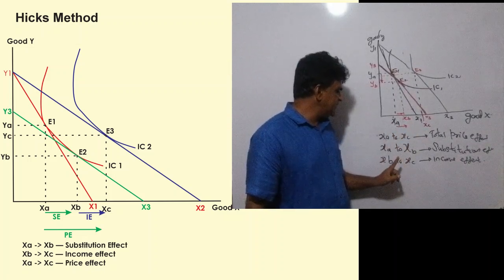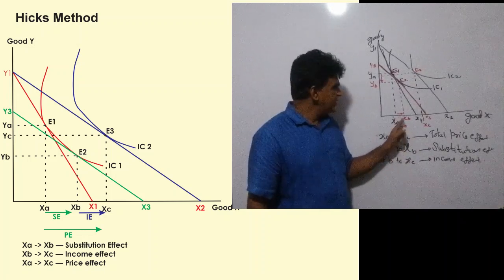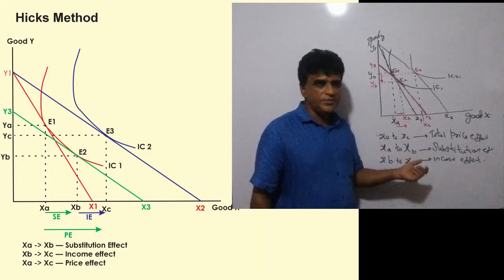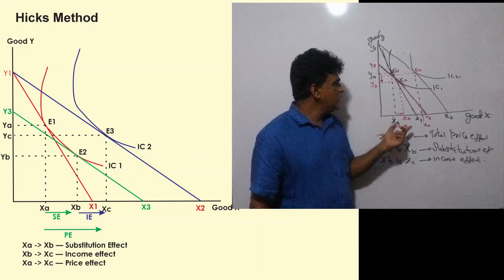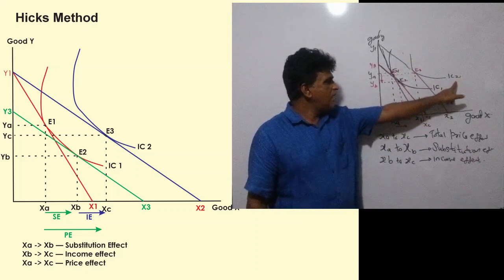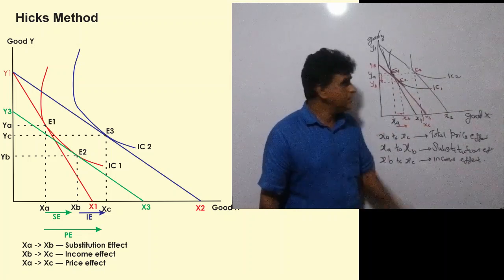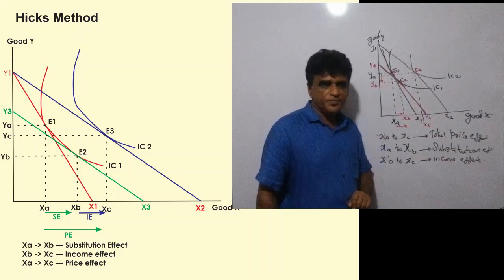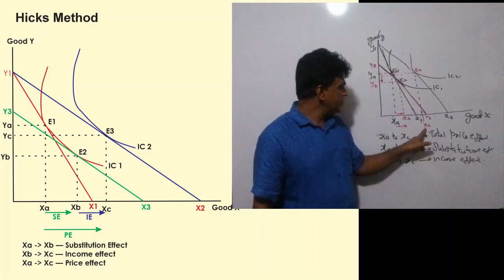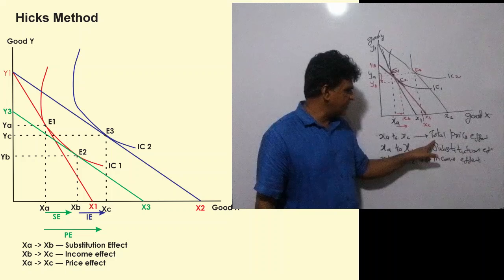XA to XB is the substitution effect, right? But the total effect is not that. The consumer's total consumption change is not XA to XB. The consumer is in equilibrium at another point where I see indifference curve 2 tangent to this new budgetary line, that is XC. Then XA to XC is the total effect, that means the total price effect.